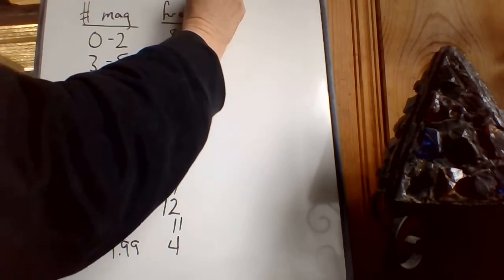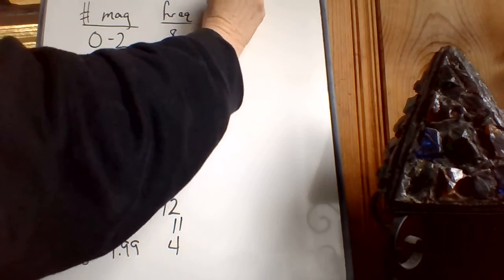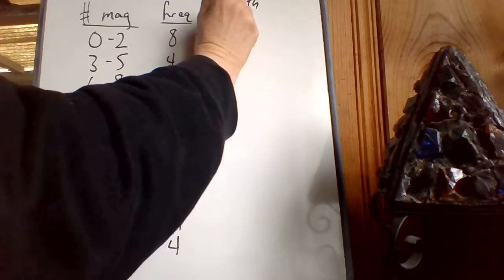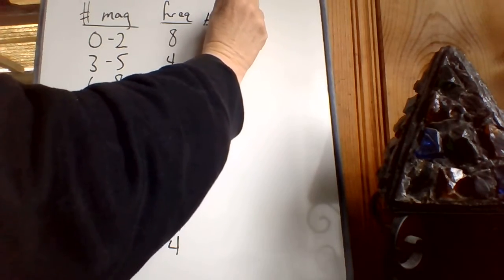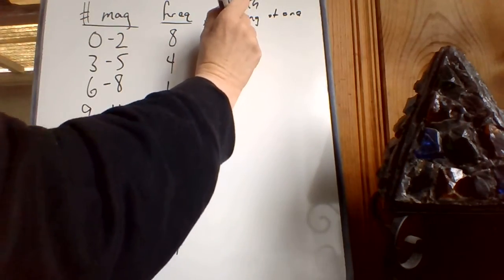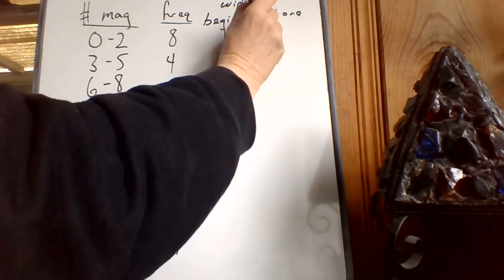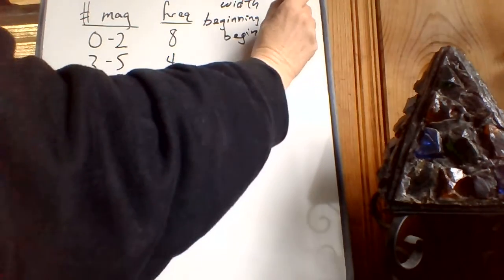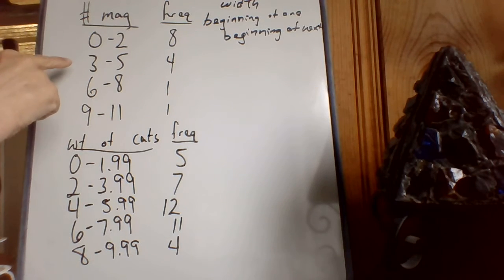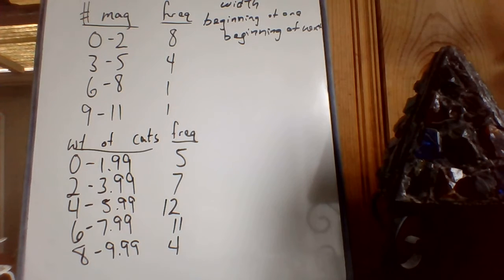So class width is the beginning of one to the beginning of the next one. On this particular chart, from 0 to 3, 3 to 6, 6 to 9, in each one of these classes you could be one of 3 things.